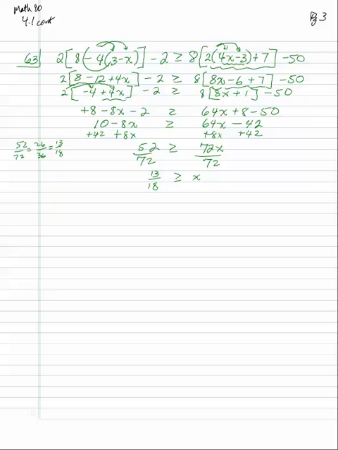So 13/18. Now when I write this in set builder notation, the directions here, they ask you just to solve and write solution set with set builder notation and interval notation. And it doesn't say graph.